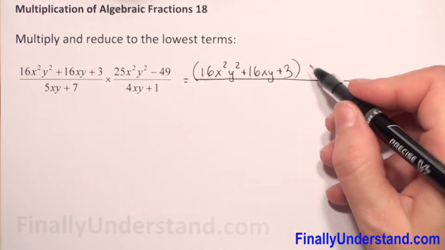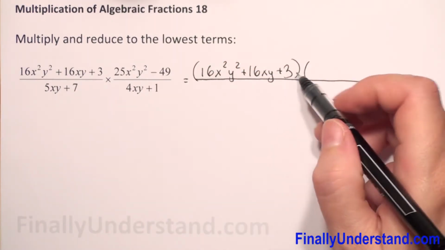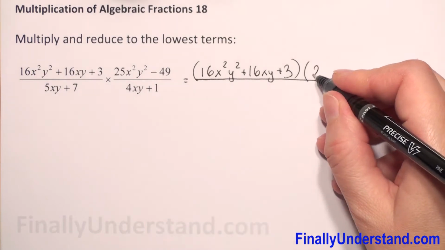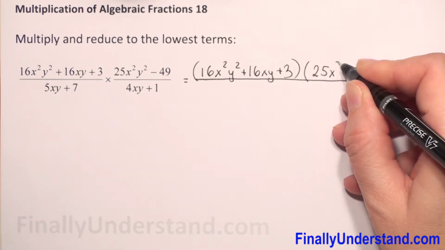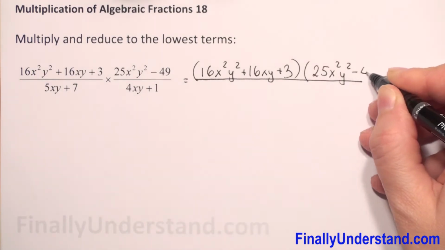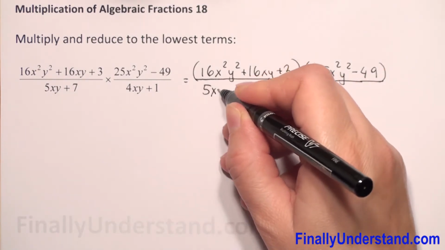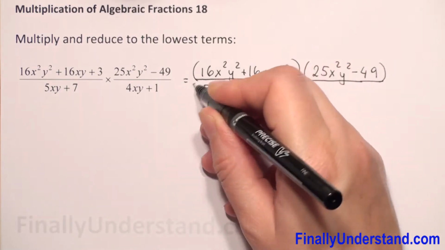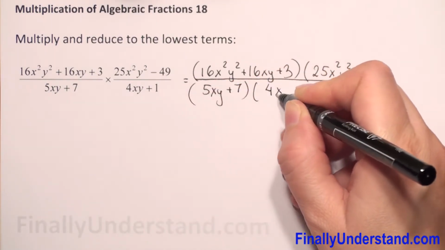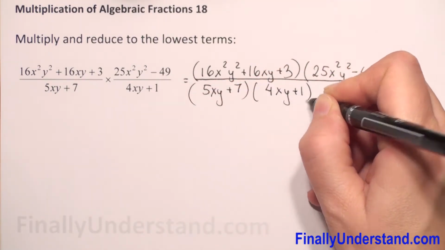Of course, in parentheses we have to put it, because this whole expression we have to multiply by 25x squared y squared minus 49 over, we have 5xy plus 7 times 4xy plus 1.